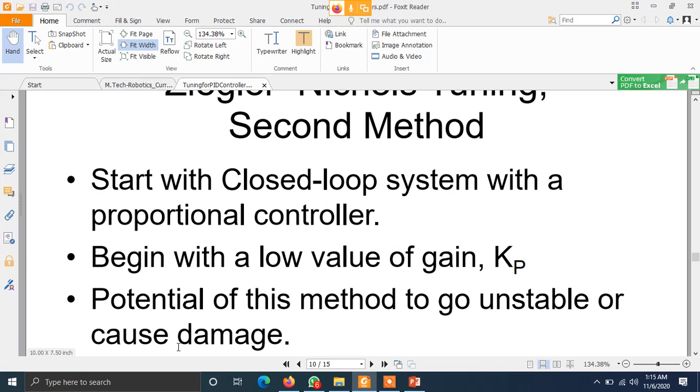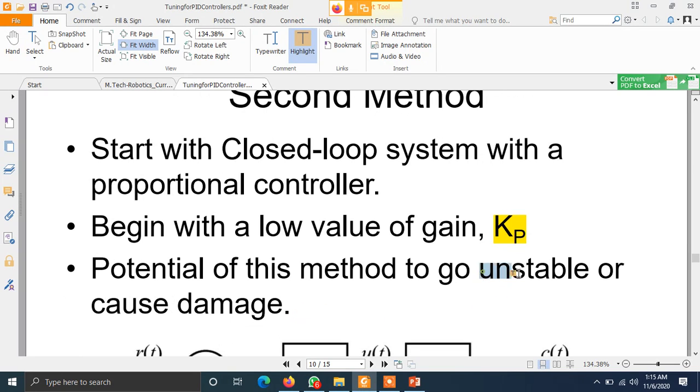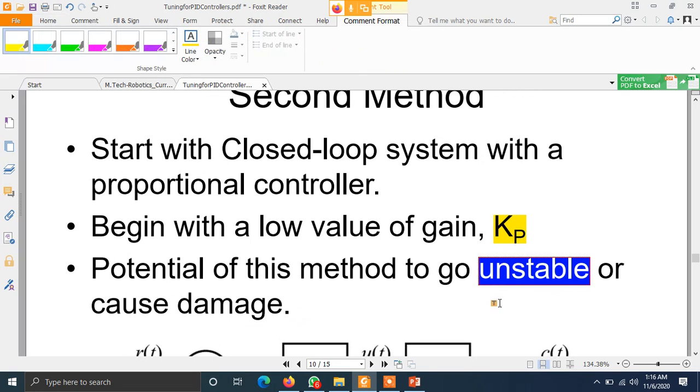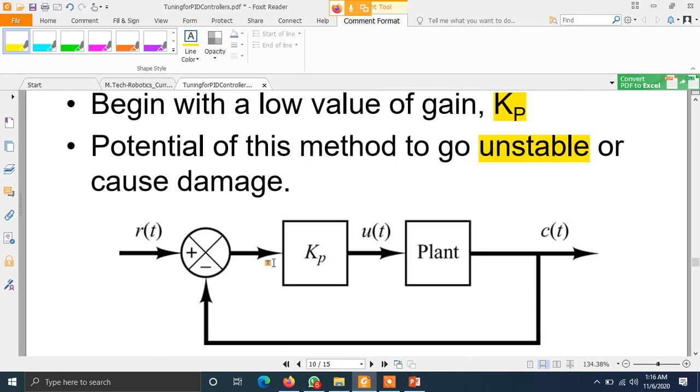Why the lowest possible value? Because a high value will lead to overshoot, and the system will turn unstable and can be damaged, so Kp should be as low as possible. First, you assume a plant like this.